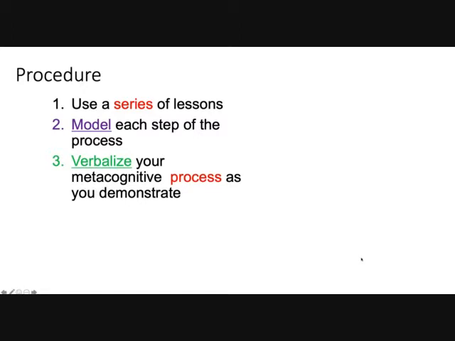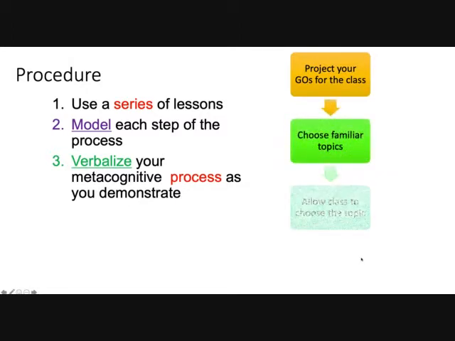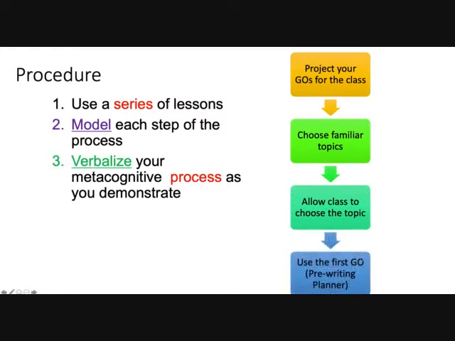So explain to the students, as I'm looking at this, I think about this, or I see this, or I notice that. You're going to project the graphic organizers for your class, choose familiar topics, allow the class to choose the topic, and then use the graphic organizer together as a class.